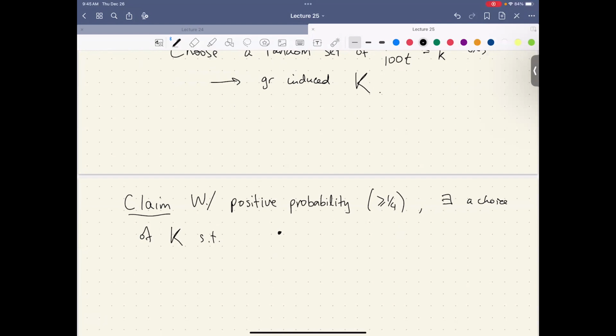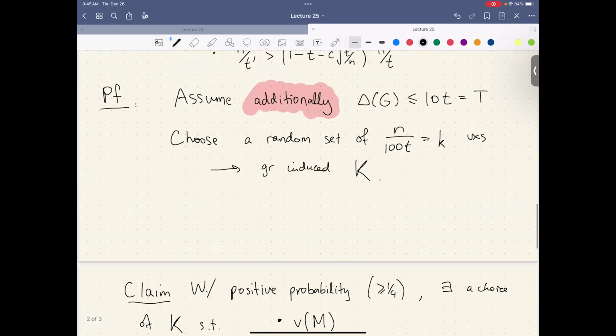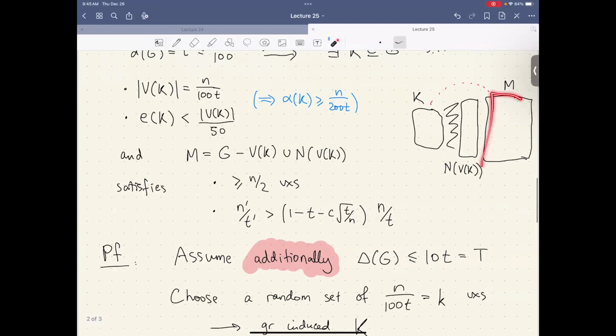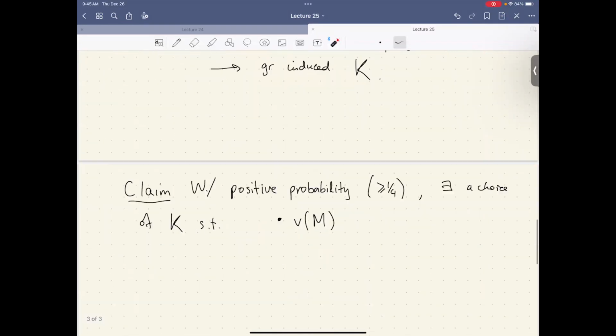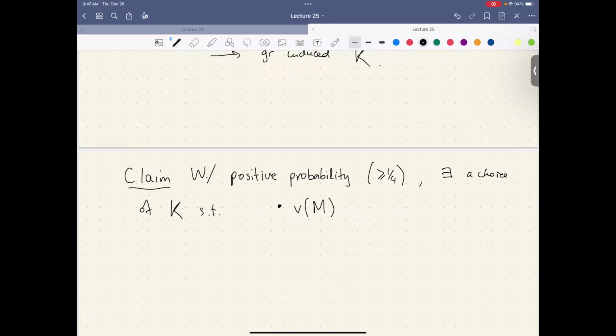the random variable, first of all, the number of vertices in the remaining graph M, here, this is M, is around its mean. So the good event is close to its expectation, deviating by at most 2 standard deviations. And we want its edges to be also close to its expectation.